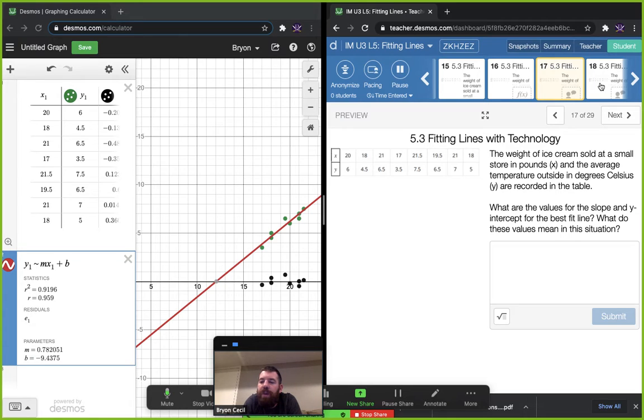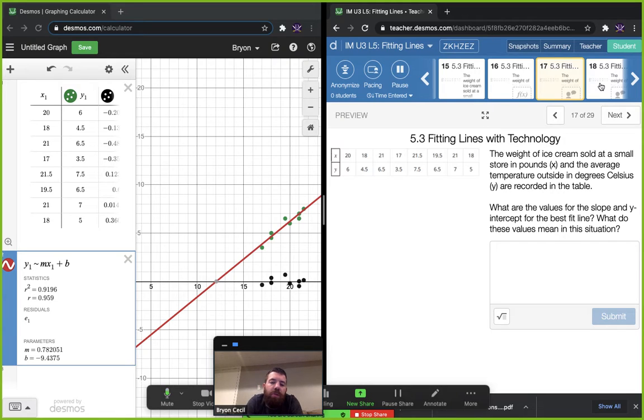What are the values for the slope and the y-intercept for the line? What do these values mean in this situation? We just saw what m is and what b is. The average temperature outside in degrees Celsius is recorded in the table.